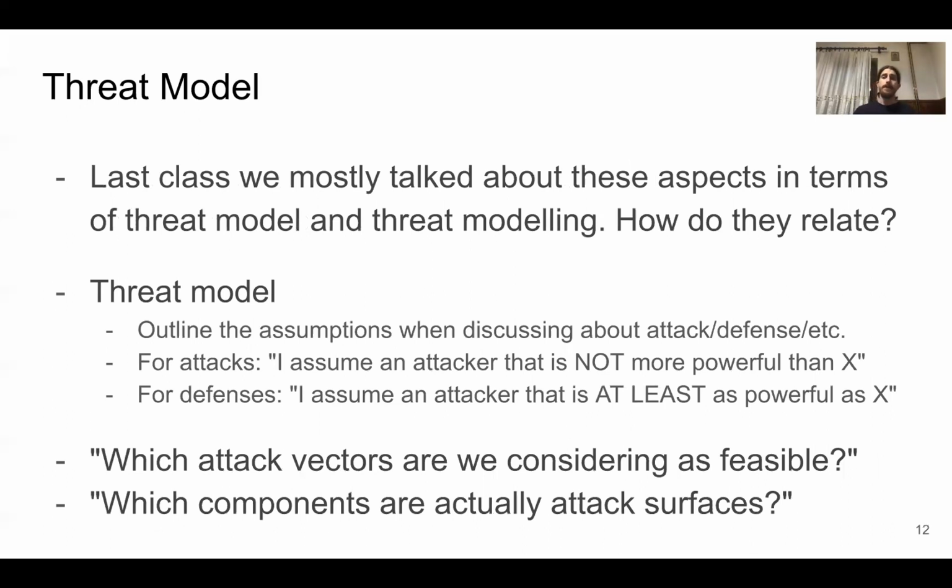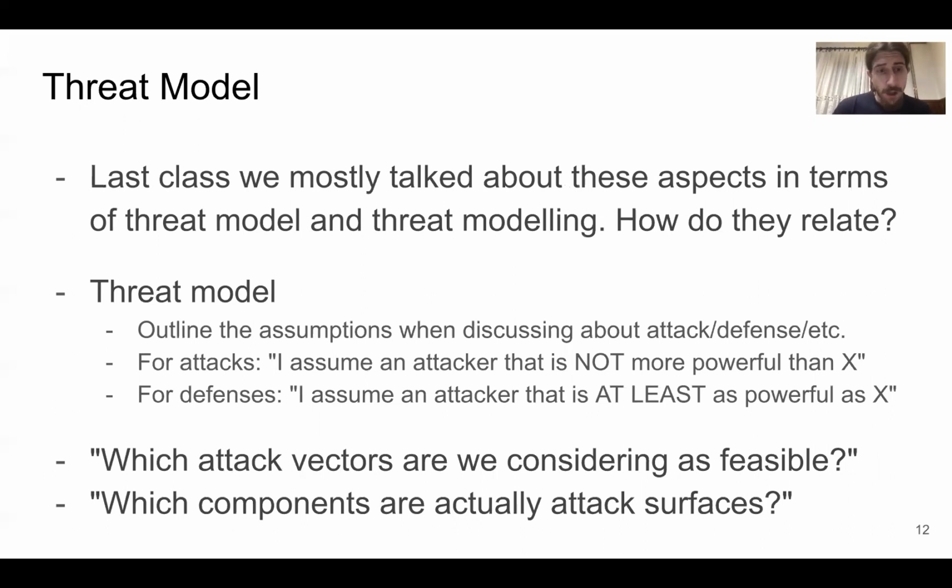Okay, so threat model. We discussed threat model already last time, and all the aspects we talked about up to now were framed under threat model and threat modeling. Since this is a super important topic, I want to spend a few words on how threat model and threat modeling relate to what we discussed today.